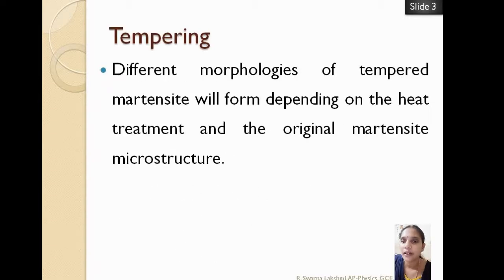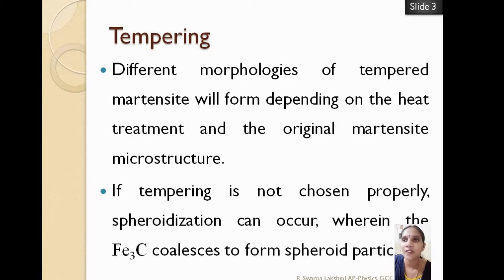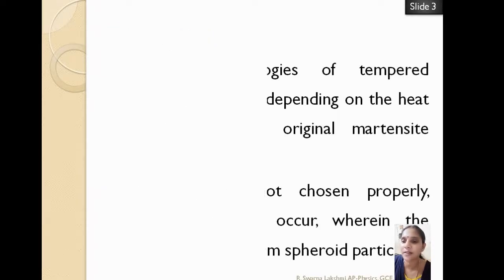Different morphologies of tempered martensite will form depending on the heat treatment process. It depends on how long we hold it and to what temperature we heat it. If the tempering is not chosen properly, then spheroidization can occur where the Fe3C, that is cementite, coalesces to form spheroid particles.